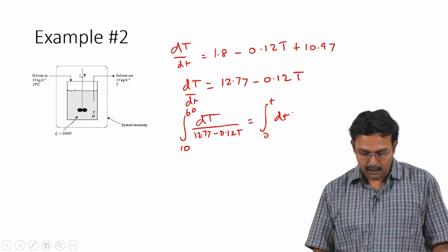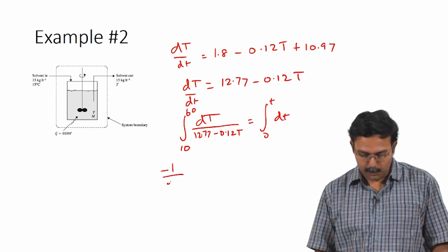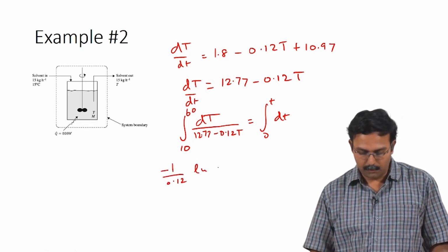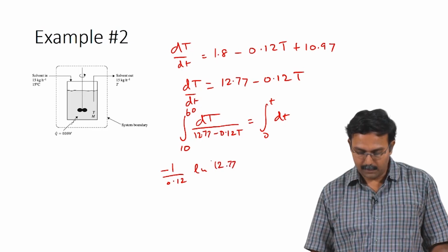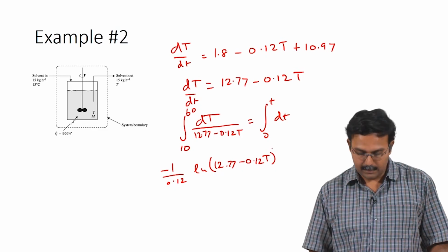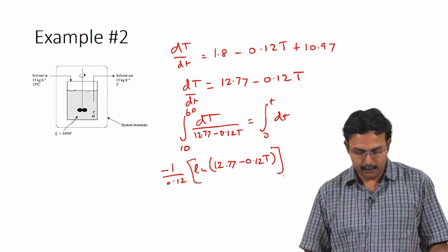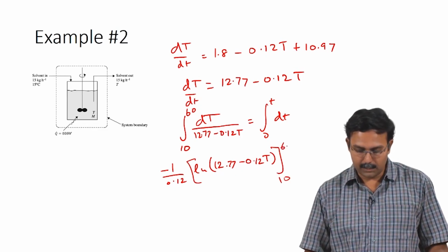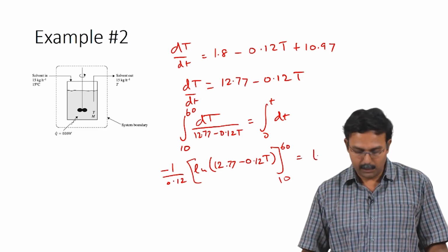So this would be minus 1 divided by 0.12 times ln of 12.77 minus 0.12 T, applying the limits from 10 to 60 degrees Celsius, and this would be equal to t.